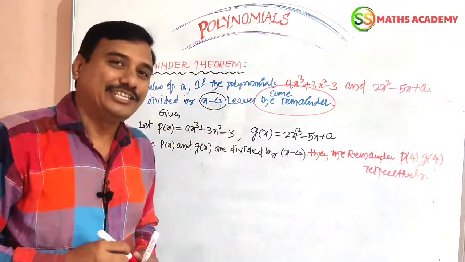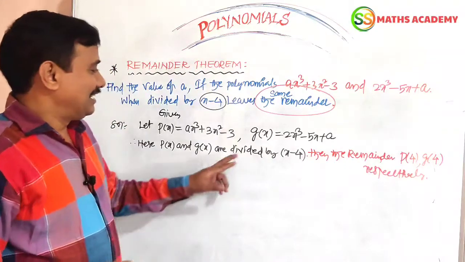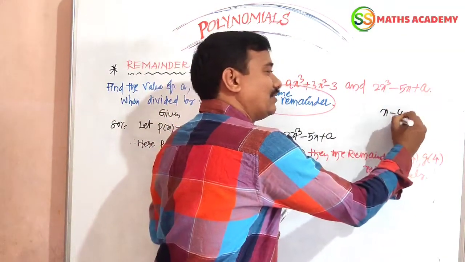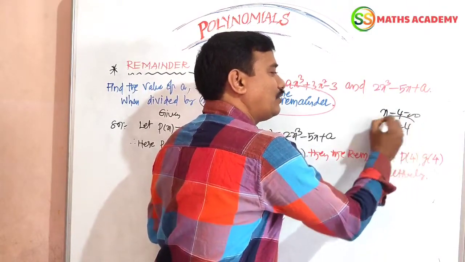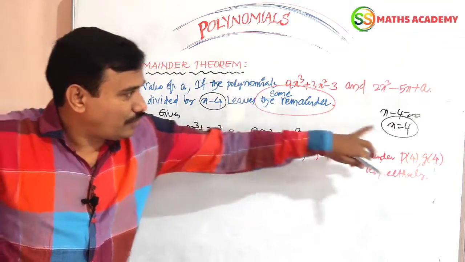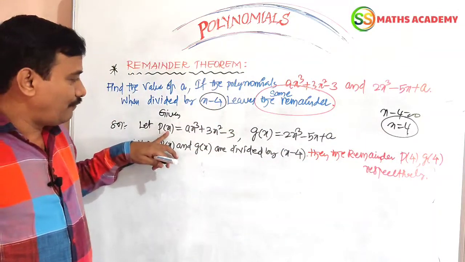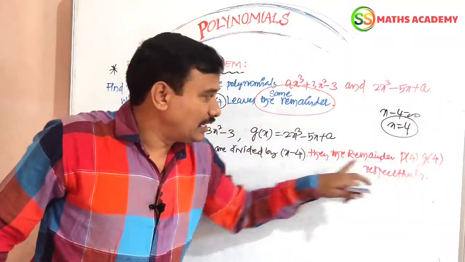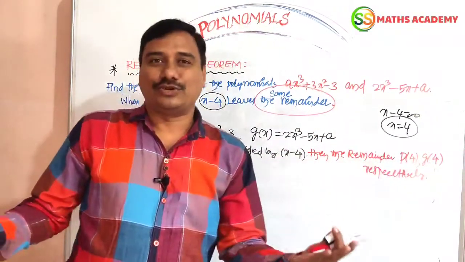Yes, got it. x minus 4 equals 0, divisor equals 0. Then in the place of x we are going to substitute 4. Here x minus 4, x equals 4. So p of 4, g of 4. Then the remainders are the same remainders only, respectively.